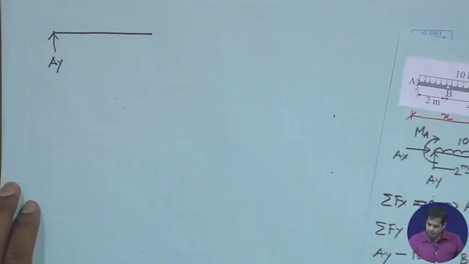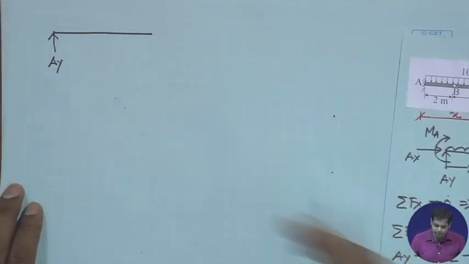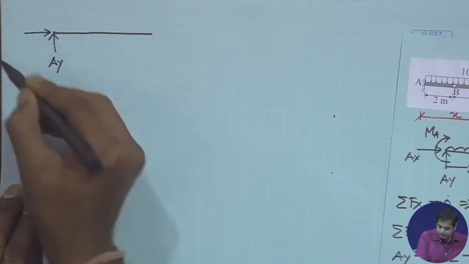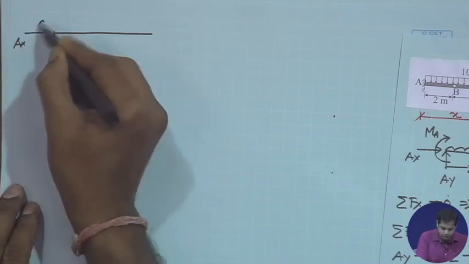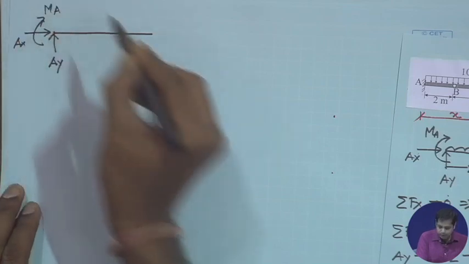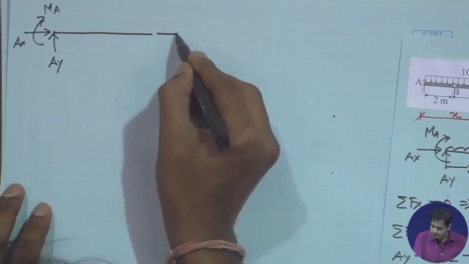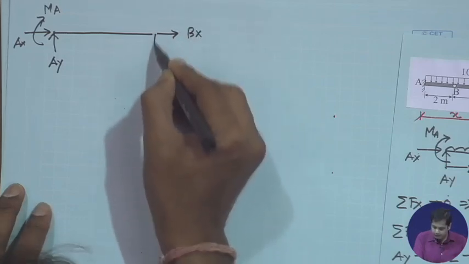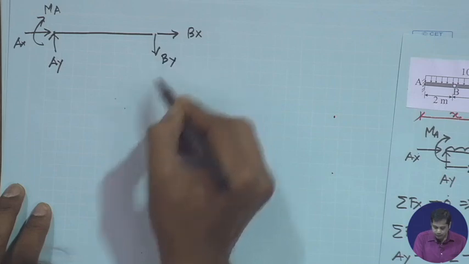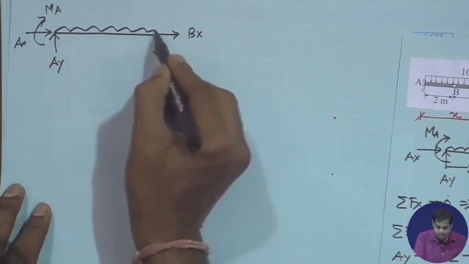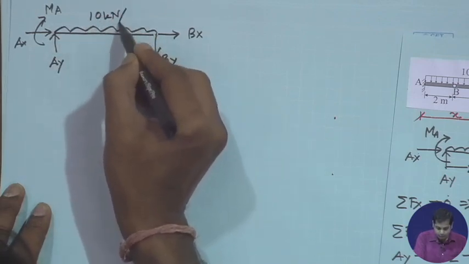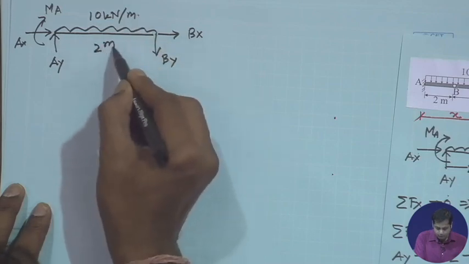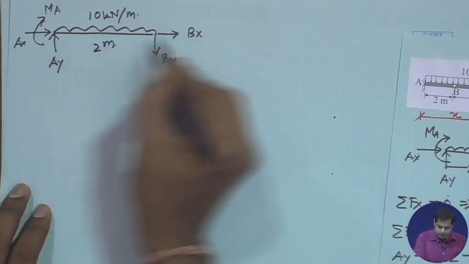Once again let me draw the free body diagram here. This is MA, this is Bx, and then By. Now this is B.